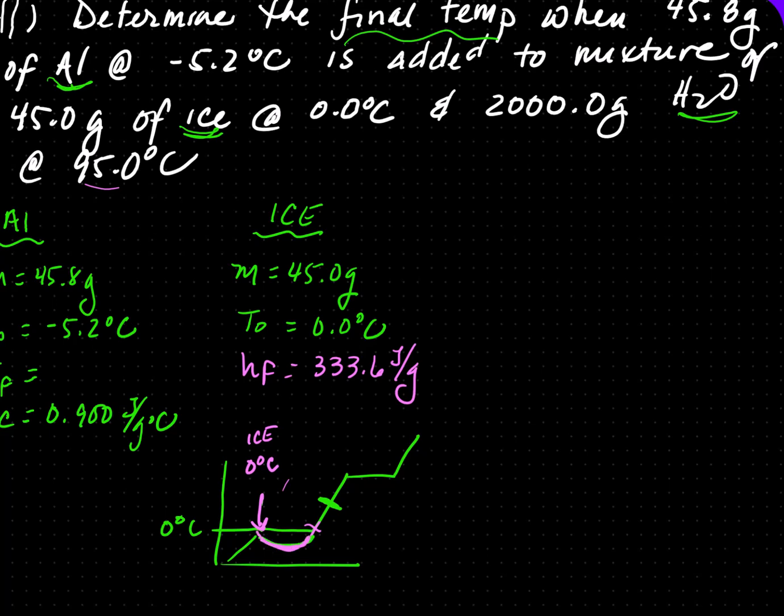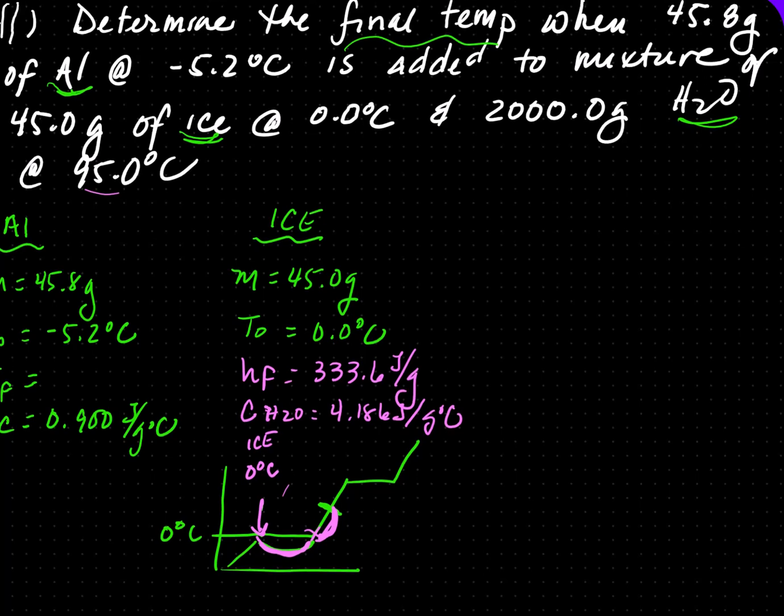My ice is going to melt, and then it's going to be heated up. So we need the specific heat constant for water, which is 4.186 joules per gram degrees Celsius. Then we have water.